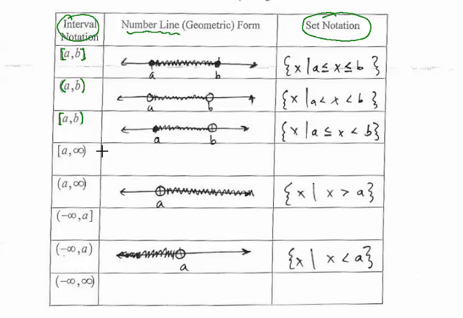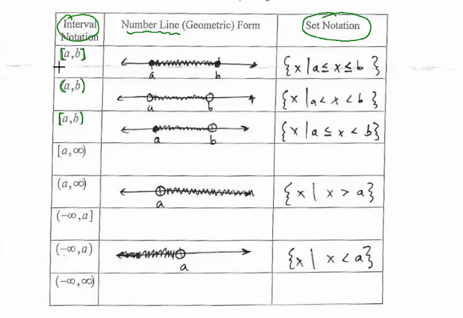Okay. And what the bracket means is that the number that's next to it is included in the interval, and for the parenthesis it means that the number next to it is not included, and whenever we graph it we want to put an open dot in its place. And so I've got a few of these examples worked out.